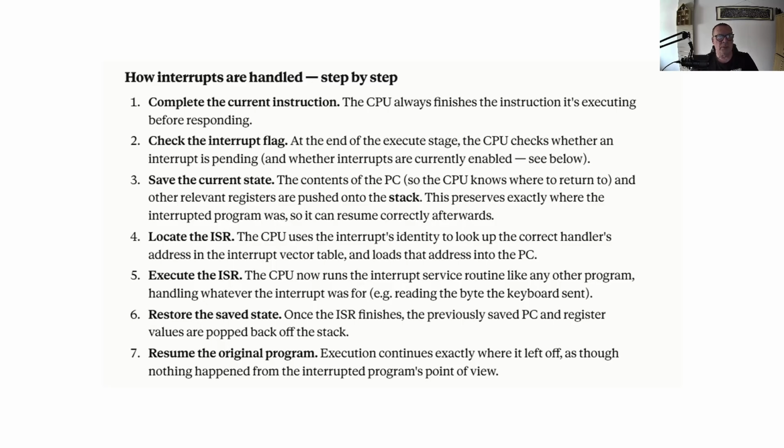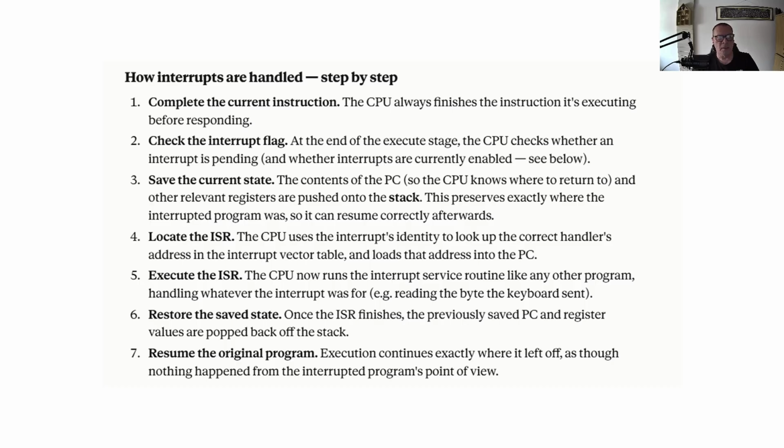So the sequence is, again, first of all you let the current instruction complete, then you check for the interrupt flag, then save the current state, including registers like the program counter, and put that on the stack. We're using a stack because a stack is last in, first out. So the last thing that was running when we got interrupted is going to be the first thing that's taken off and used when we resume.